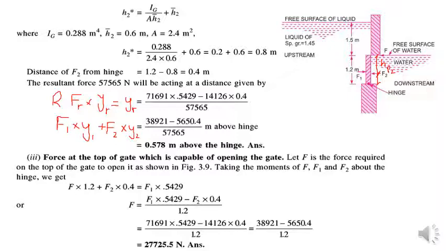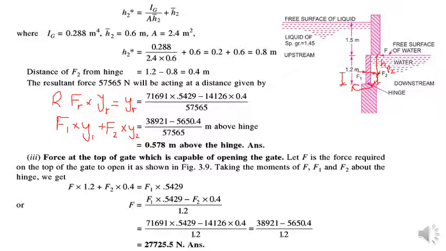We have calculated the center of pressure 0.4 from the bottom hinge. So if you consider F1 multiplied by this distance, the moment produced by this force F1 is multiplied by its distance from the bottom hinge.